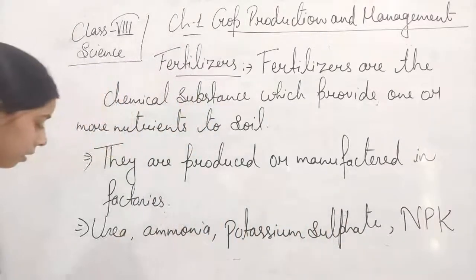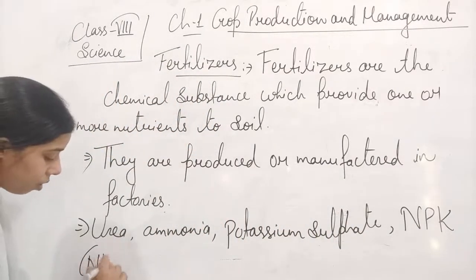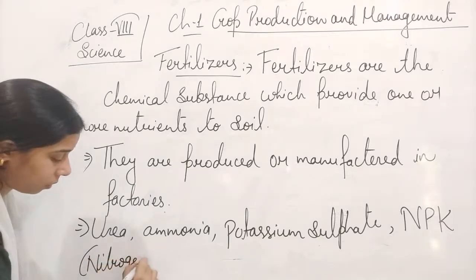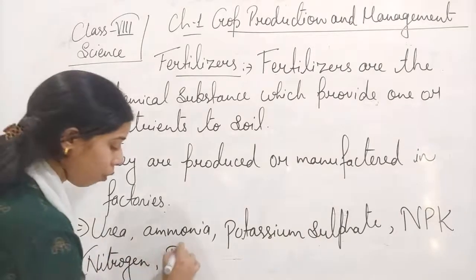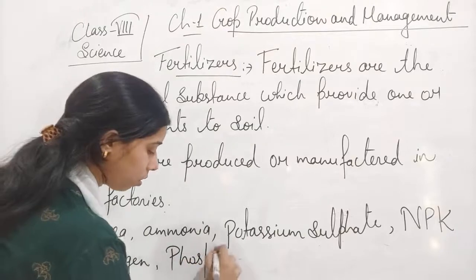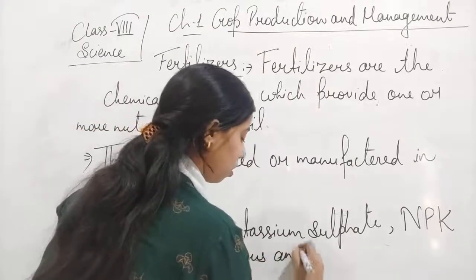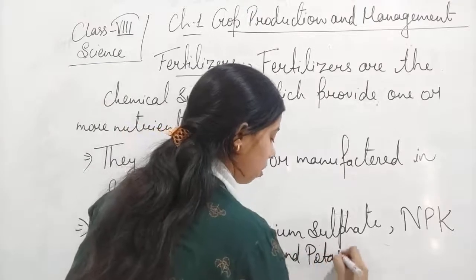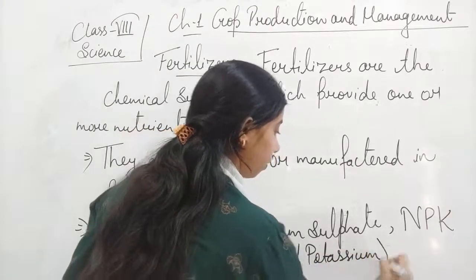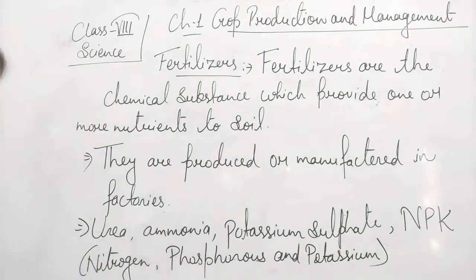So we can write it: nitrogen, phosphorus, and potassium.